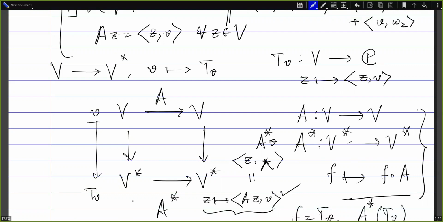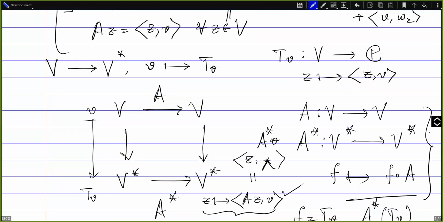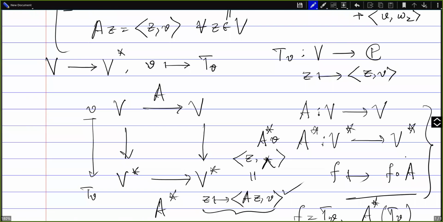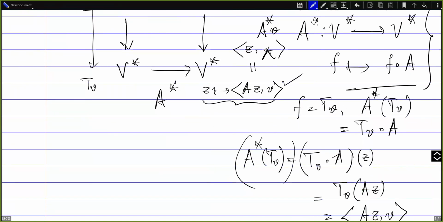If you regard A star V as the image of V under the map A star, that does not make sense, because A star is an operator on V star to V star. But shortly we will see that indeed we can regard A star as a linear operator on V. So let's see that.